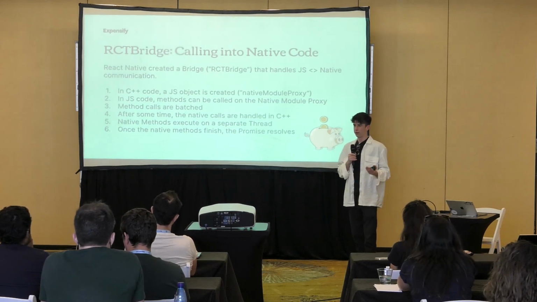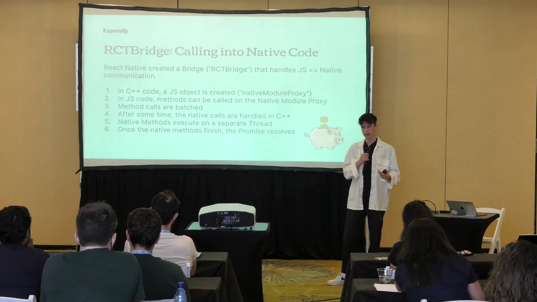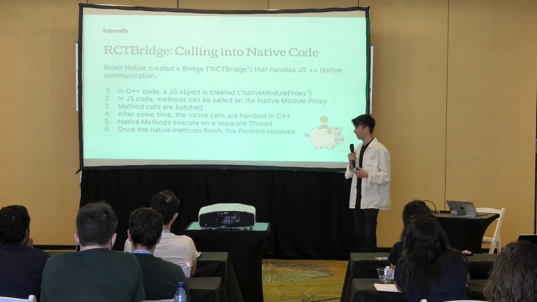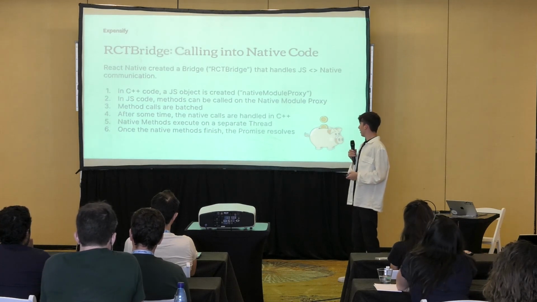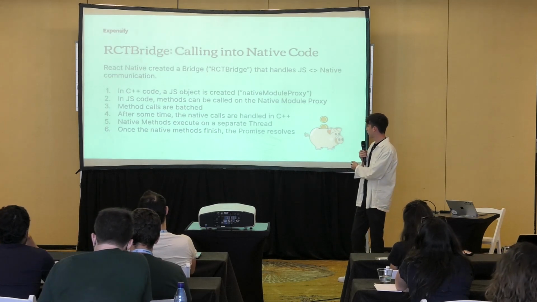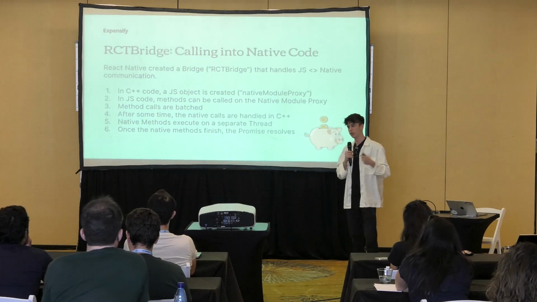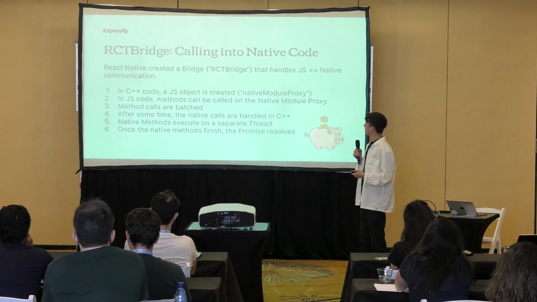This is usually pretty fast, but if you do a lot of native module calls, this can be relatively slow. So, performance is always relative. And then, as I said, it's promise-based. You execute on a separate thread, right? And if you want to return something to JavaScript, you resolve the promise, which is kind of like a callback.